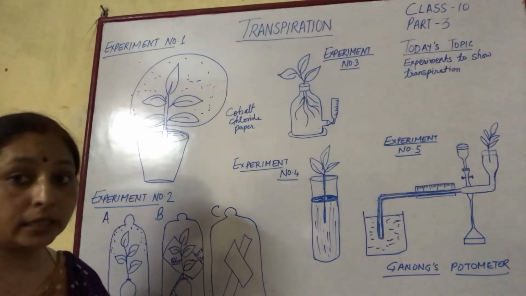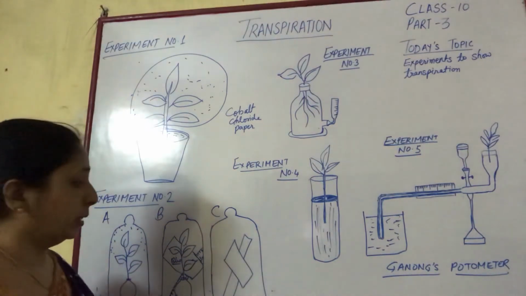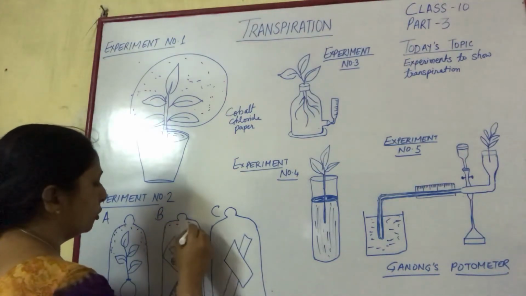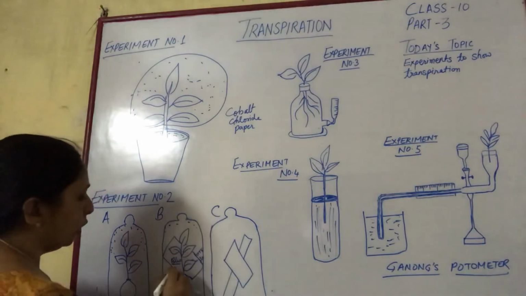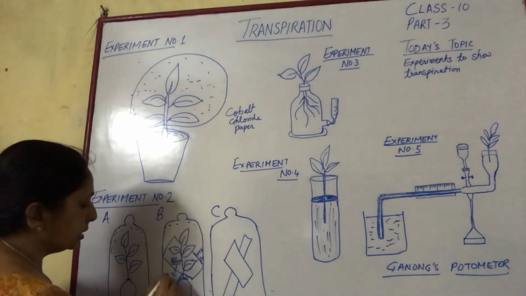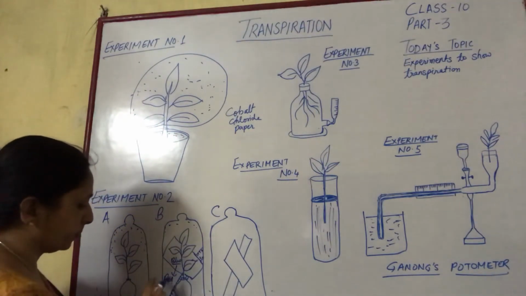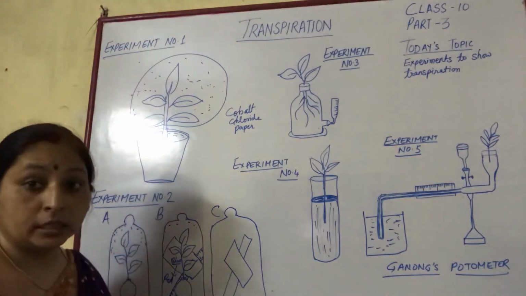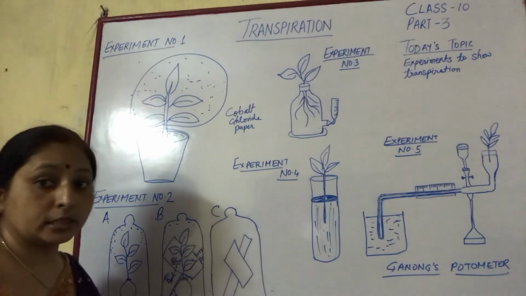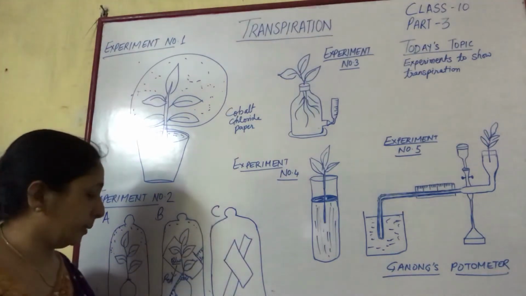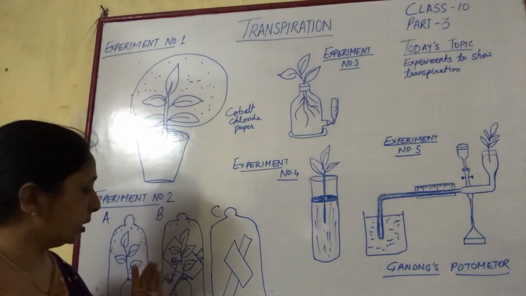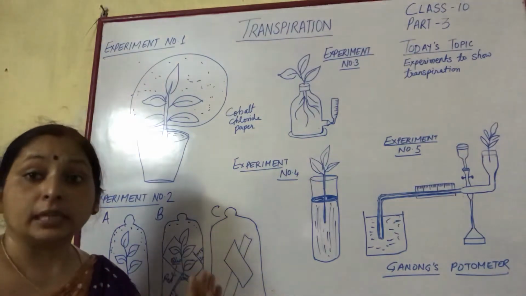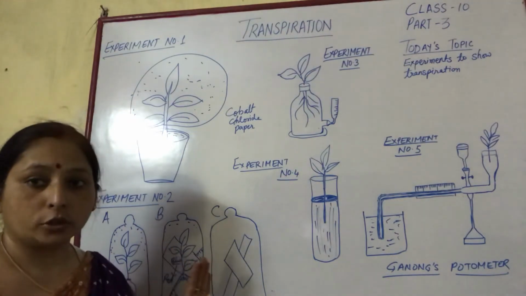In B, droplets can also be seen, and the color of the indicator changes from blue to red. This experiment proves that the droplets are water droplets.